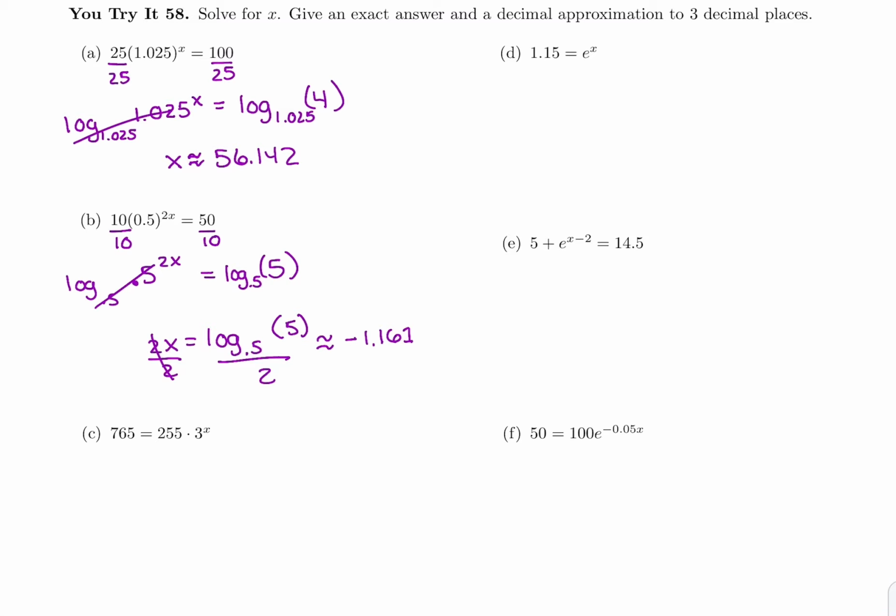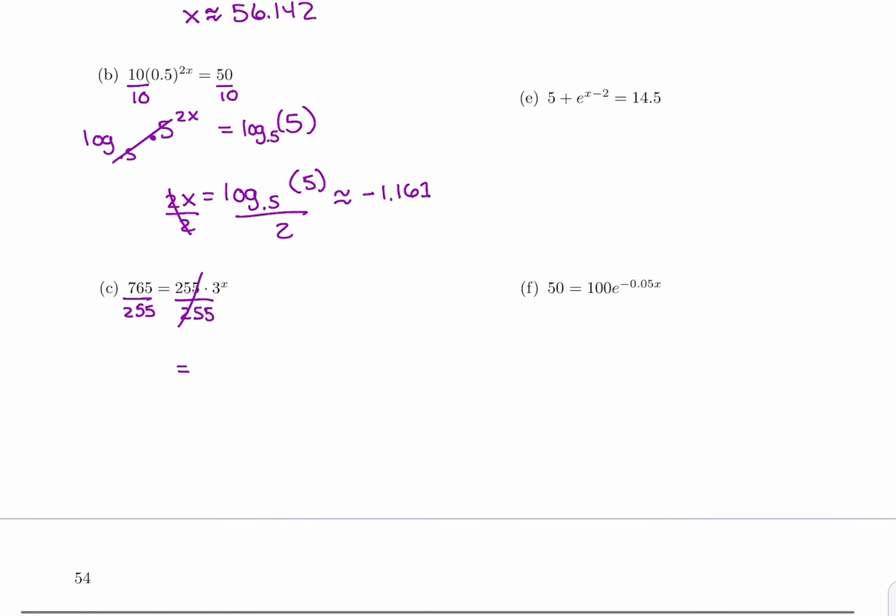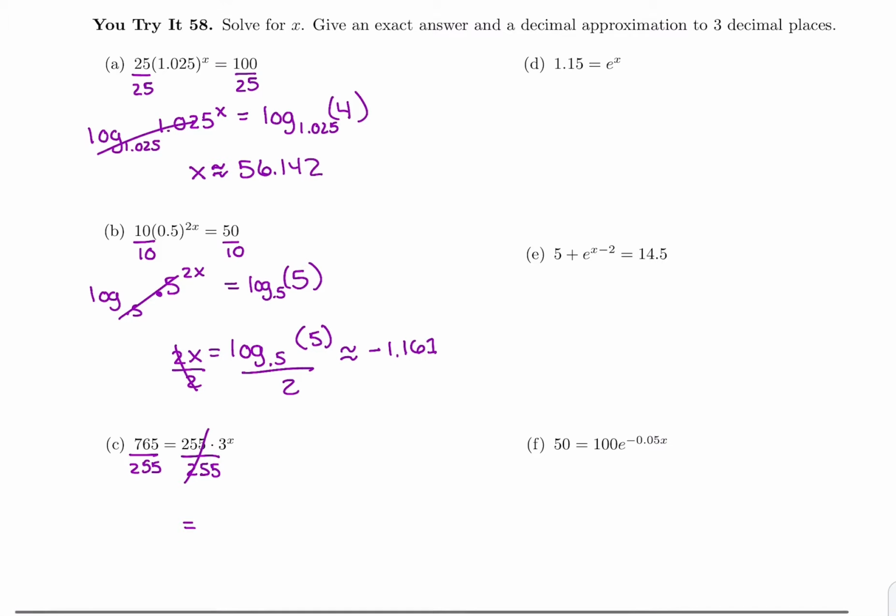Same exact thing with the next one. I have a 3 to the x. It's not on one side by itself, so I need to start, that's multiplied. So I'm going to divide both sides to get the 3 to the x on one side by itself. And then I can do 765 divided by 255 is 3. I'm ready to leave some space here because I can take the log to bring down the exponent.